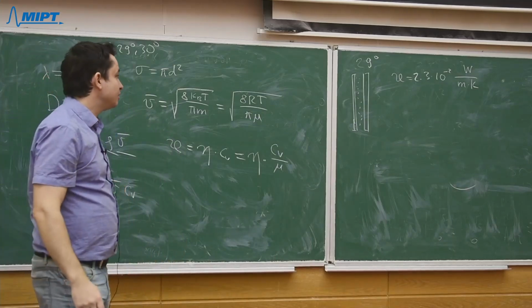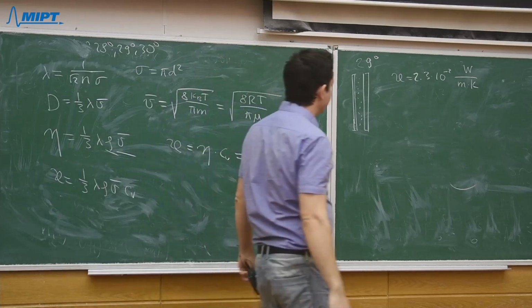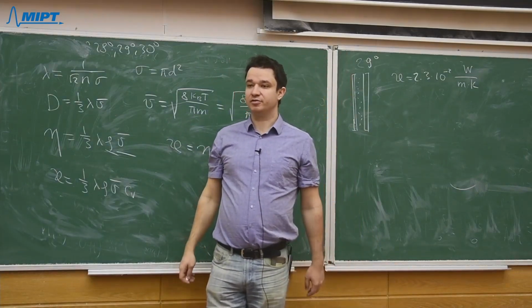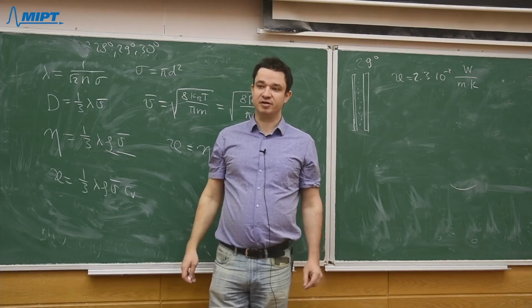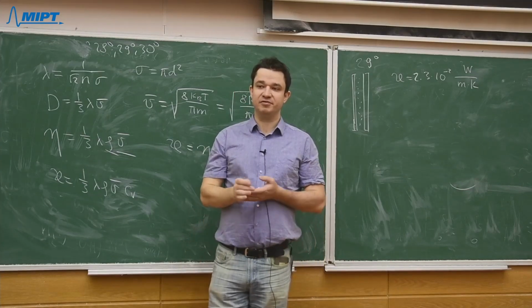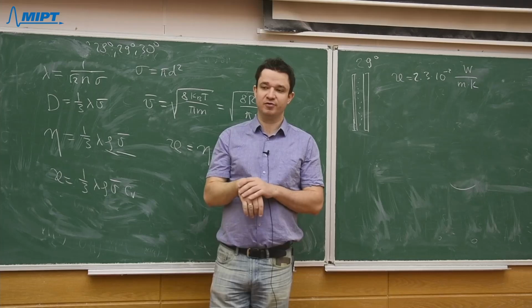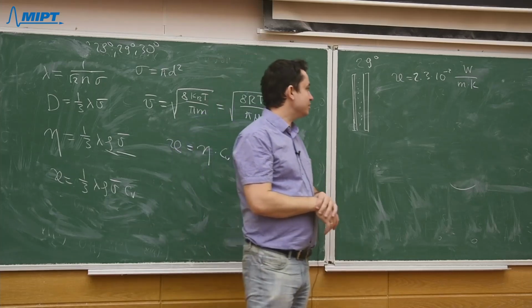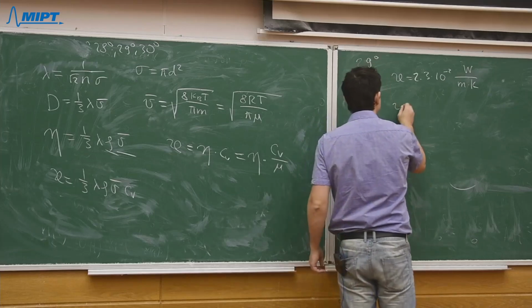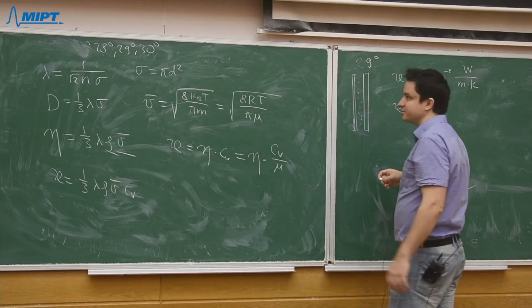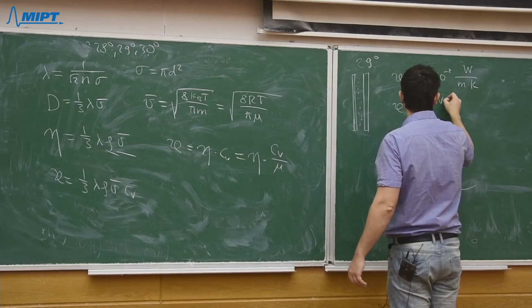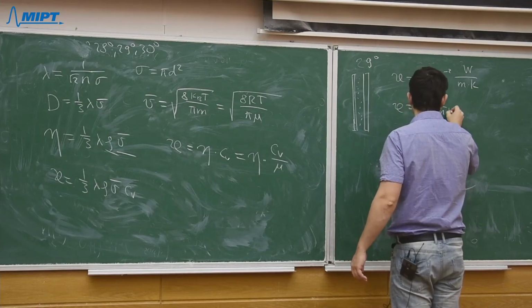And well, just to show you how small the conductivity of air is, we can compare it with the thermal conductivity, for example, of copper, of any metal. So copper is the metal, and its thermal conductivity is approximately, I don't remember the exact value, probably something like 3 or 5 watts per centimeter per Kelvin.